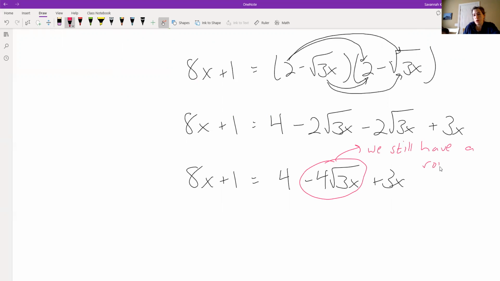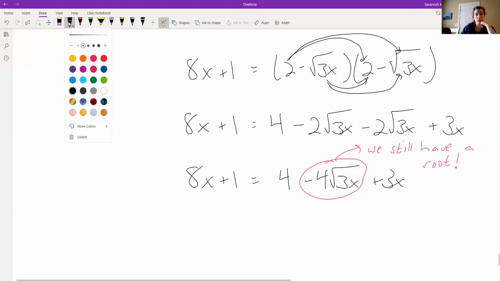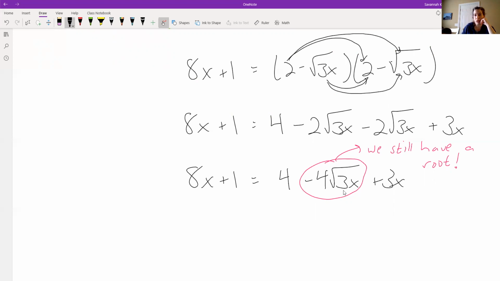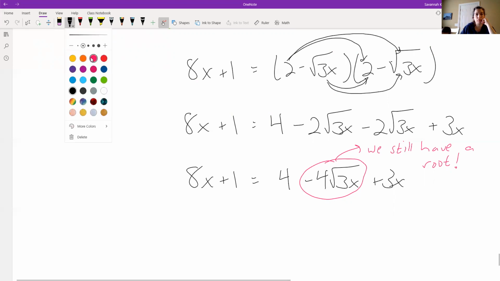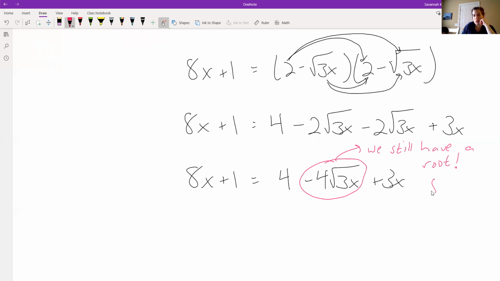A good rule of thumb is however many roots you start the problem with, that's how many times you're going to have to square both sides. I'm going to now rearrange this. I want my root on the left. So let's see, rearrange.